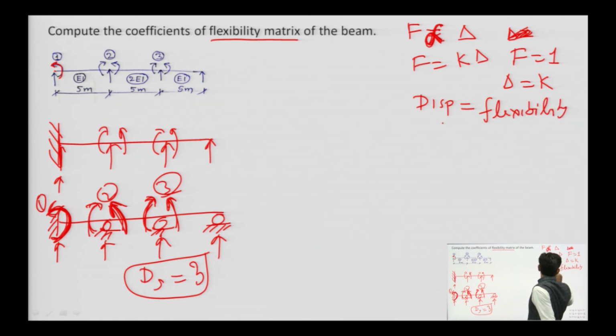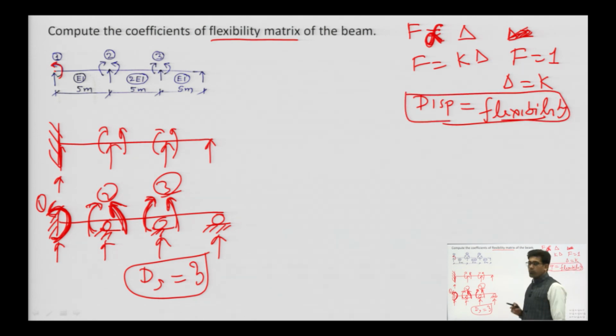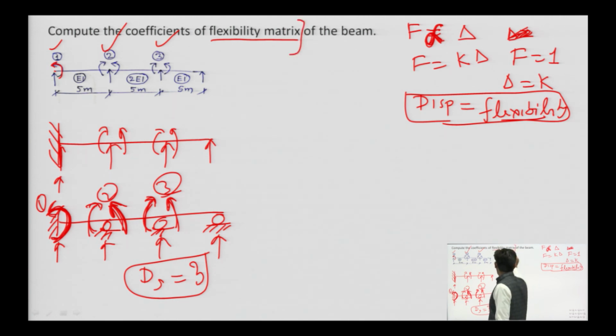So we will apply one by one, and the displacement is to be considered here. Since we have 3 redundants, the order of the flexibility matrix will be 3 by 3.